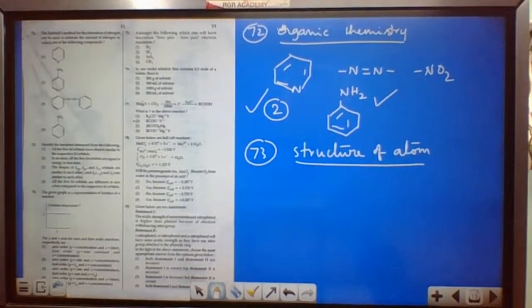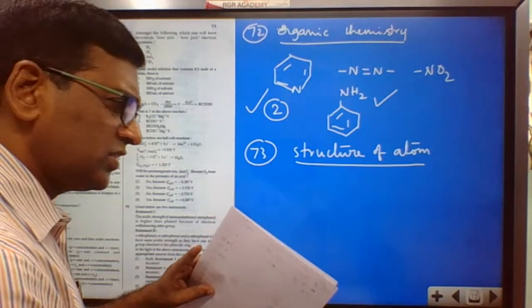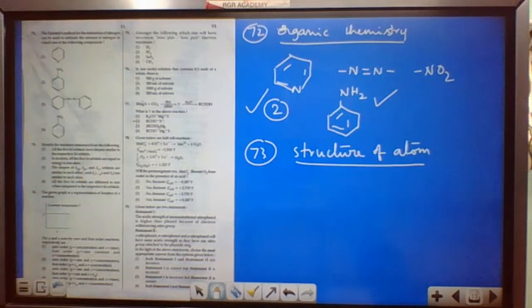Number 1, all the 5d orbitals have shapes similar to the respective 3d orbitals. It's a correct statement. So 3d orbitals, 4d orbitals or 5d orbitals, they have the same shapes, that is double dumbbell. All are same.